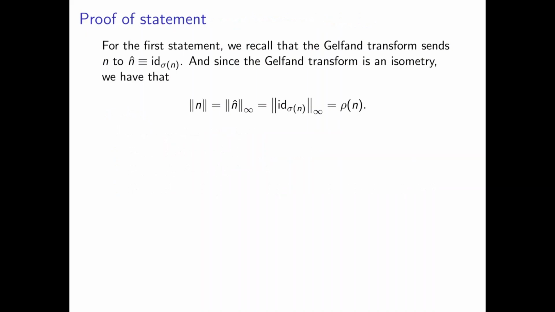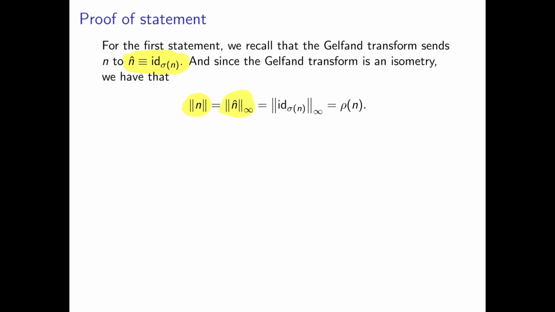First off, for the first statement about normal elements, we recall that the Gelfand transform sends n to n hat, which is basically the identity on the spectrum. And since the Gelfand transform is an isometry, we have that the norm of n is equal to the norm of n hat.